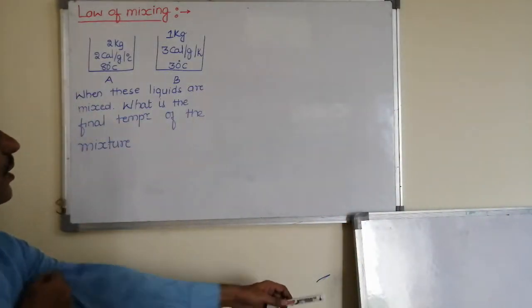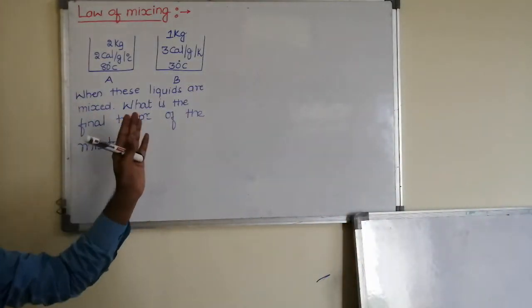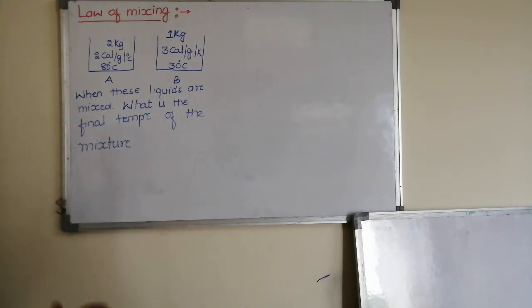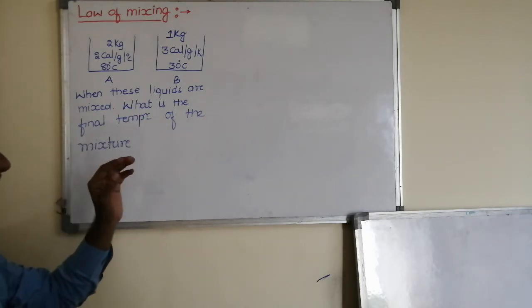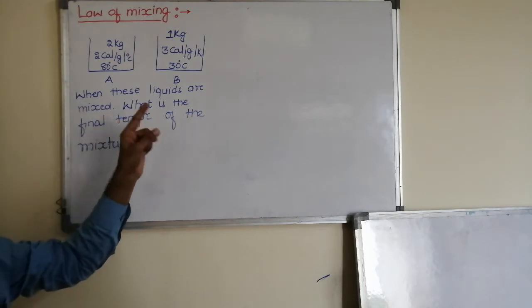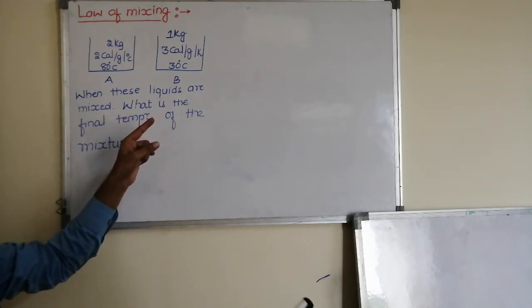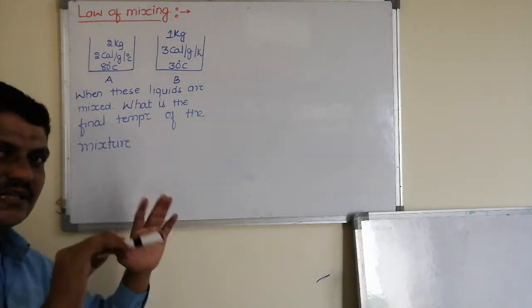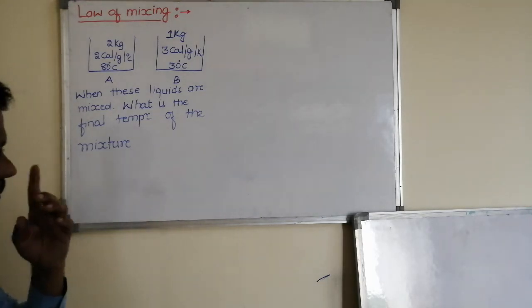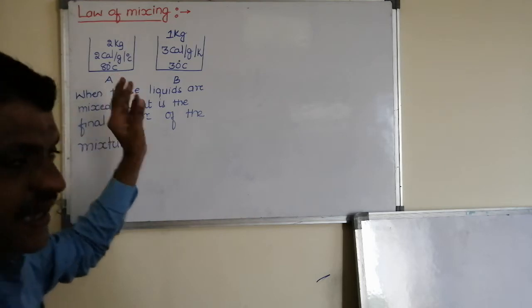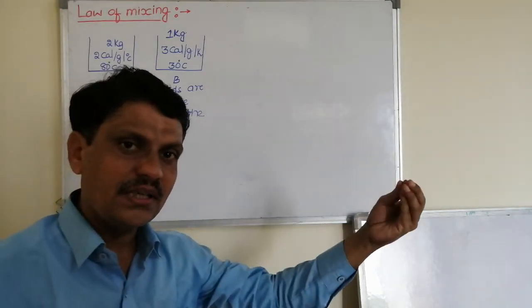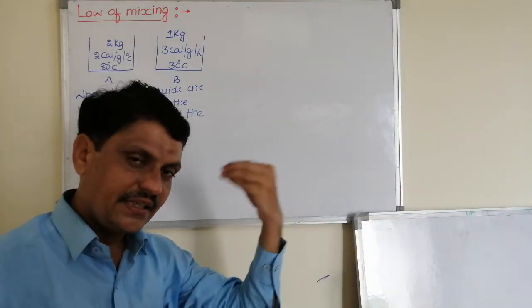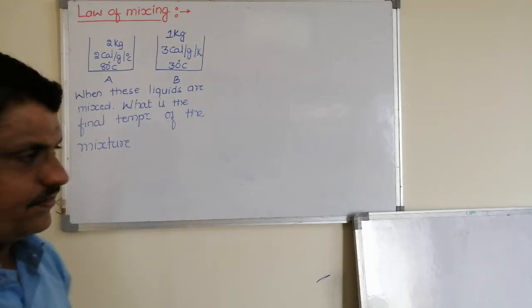According to our principle of calorimetry, the body which is hot will lose heat energy and the body which is cold gains heat energy. Then the heat lost by the hot body is equal to the heat gained by the cold body.